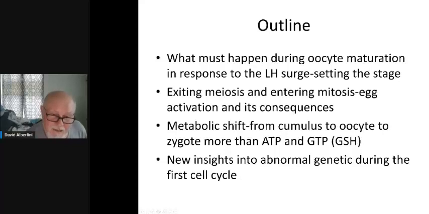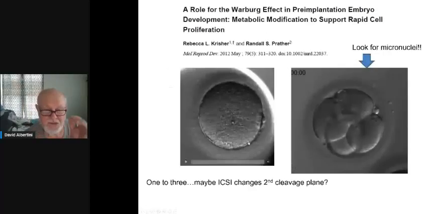And insights into some of these processes have shed light on the fact that there is a very high incidence of, let's say, genetic plasticity during the first cell cycle or two, that can not only compromise embryo development early on, but it can compromise the health of offspring born from these techniques.